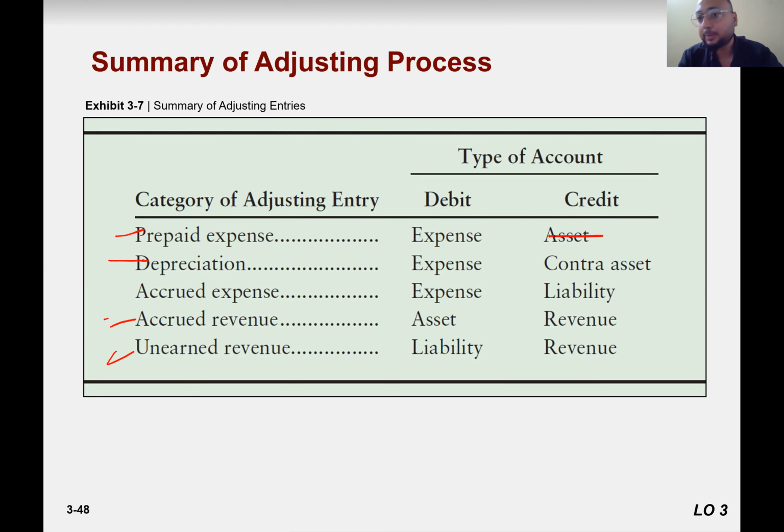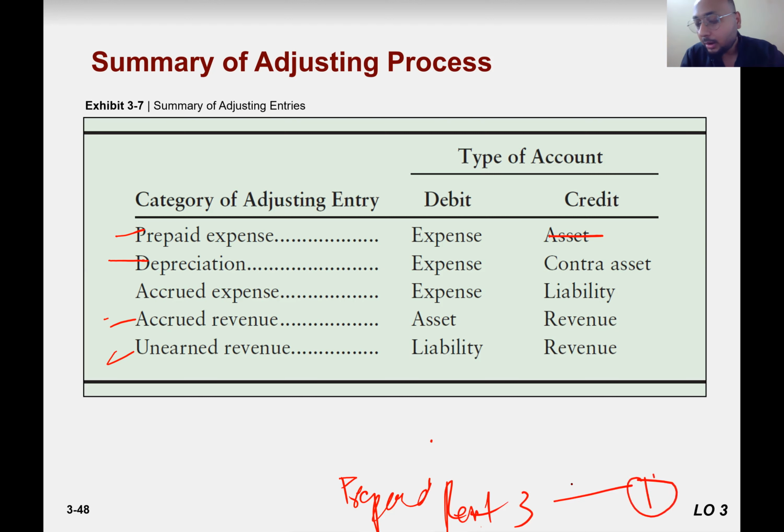It means prepaid expense is our asset, and when we use those assets, for example prepaid rent, for example prepaid rent is for 3 months, we need to use that rent. So if you consume rent of 1 month, that 1 month of rent will go to the income statement as an expense.